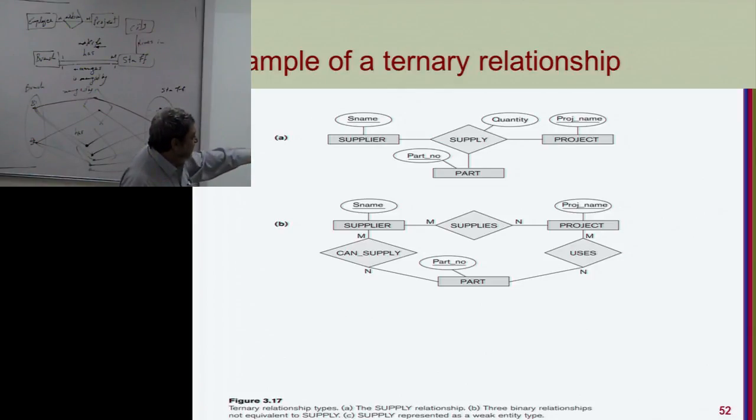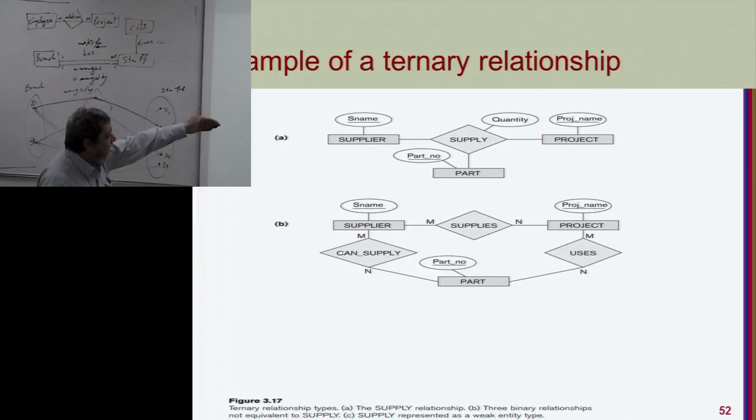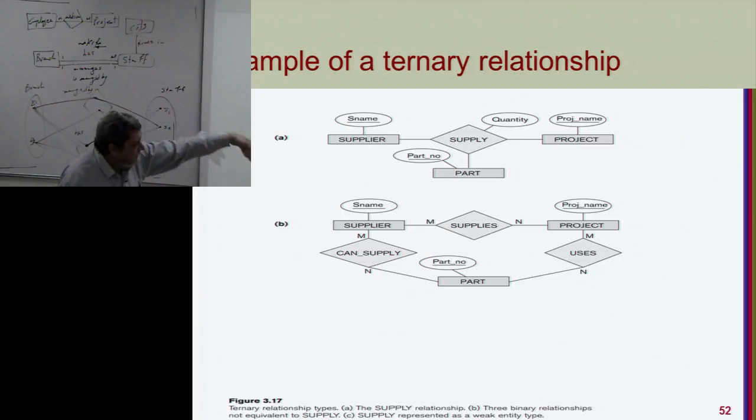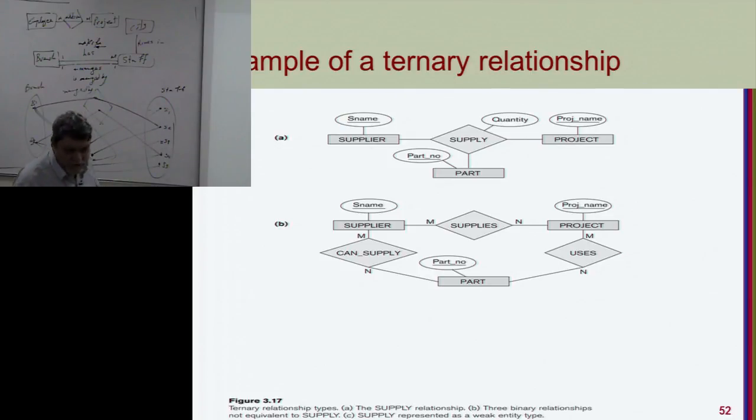How about the can supply and the uses? Of course, they are many to many as well. So it says that this supplier can supply many parts, and this part could be supplied by many suppliers. The uses relationship: the project uses these parts, and this part is used by many projects.